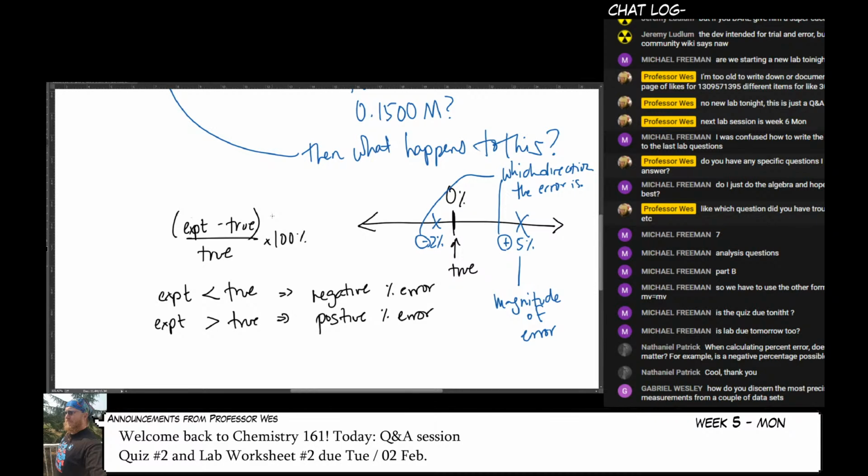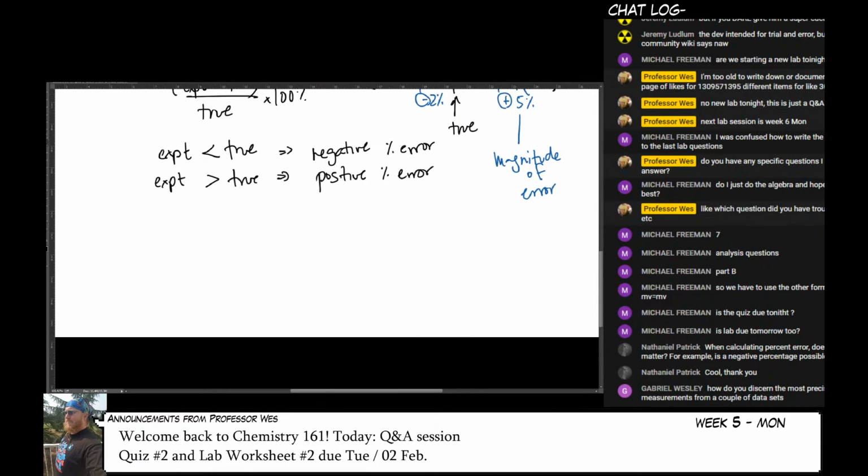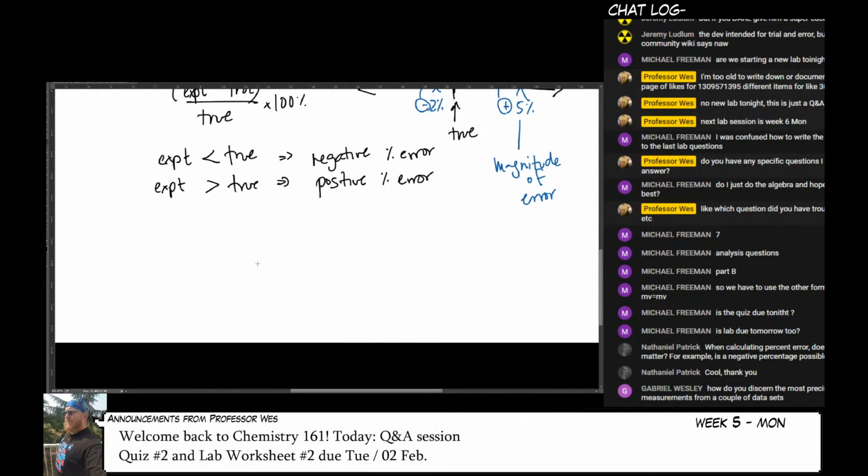How do you discern the most precise set of measurements from a couple of data sets? So if you're given multiple data sets, you want to look for the ones that have the lowest difference between the numbers.